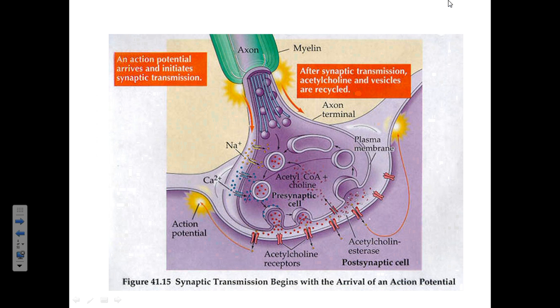Let's look at it in a little bit more detail here at the synapse. Here we're looking at the end of an axon, and this would be the beginning of the next neuron, the dendrite on the next one. We might call this nerve up here the presynaptic neuron, and this one down here is postsynaptic, after the synapse.